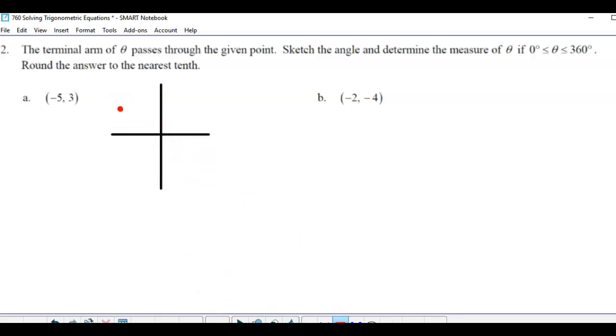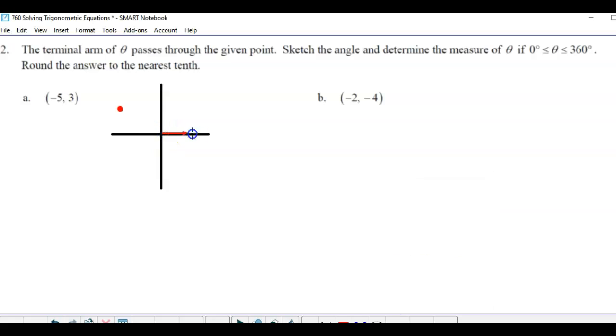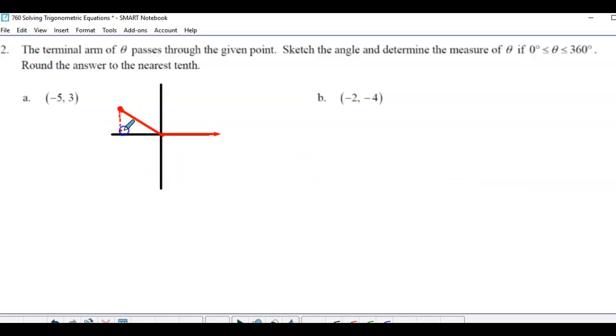So then our, if we graph our initial arm and our terminal arm, okay, and then we can plot or just draw your triangle, right? So this is -5, this is +3, this is theta.